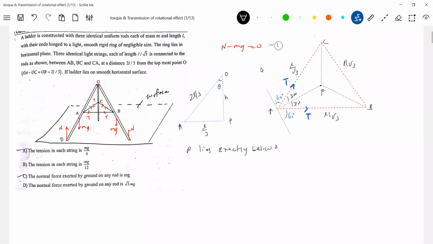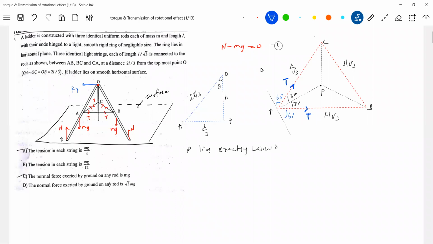I'm unable to judge, so can you ask questions, sir? Can you say what can be the direction? N will act vertically up, mg will act vertically down. A component of tension will act horizontally. So definitely there should be some force acting in this direction. That I'll show here. This I'll call some reaction force.